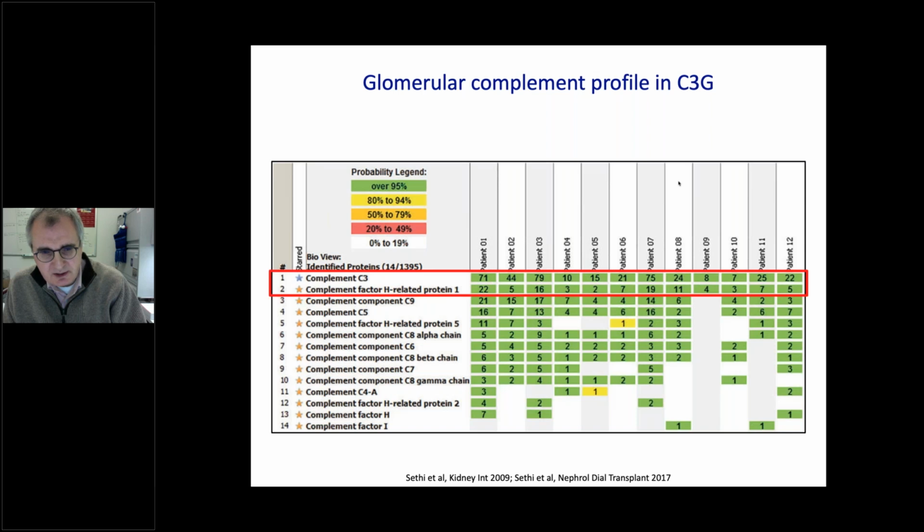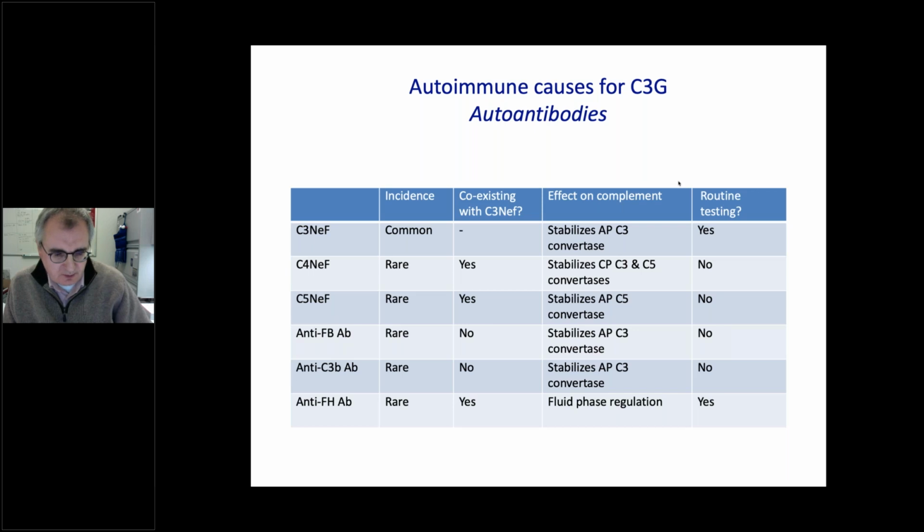And he found in his proteomics analysis of this tissue a prevalent score for C3 and other complement products, but C3 was the top score across the board of here 12 patients in the 2017 paper. So basically confirming, or adding another argument for, a role of complement in the pathogenesis of these C3G patients.